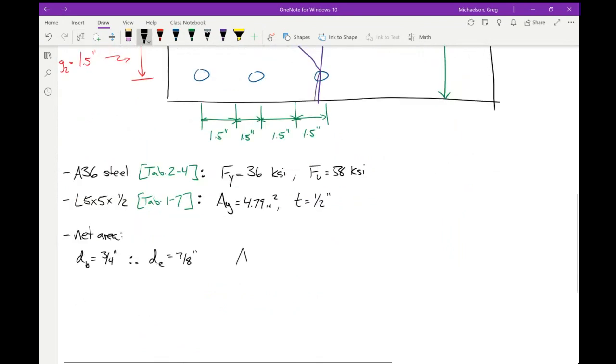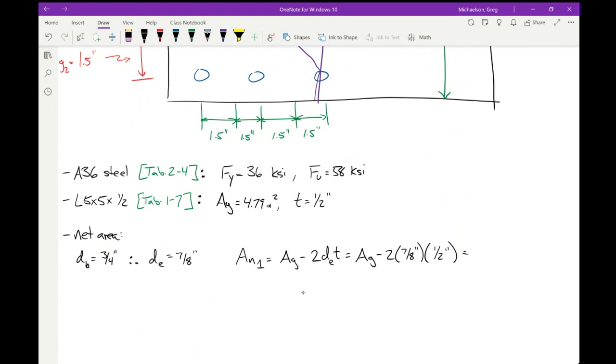So net area 1 is going to be the gross area minus 2 bolt holes. So the gross area minus 2 times 7/8 of an inch times 1/2 inch. I should have plugged the number in there. That would have helped. So the gross area, we just looked that up. That's 4.79.